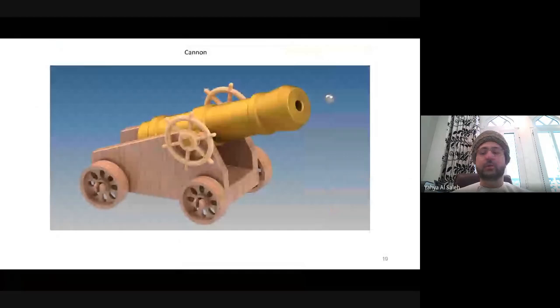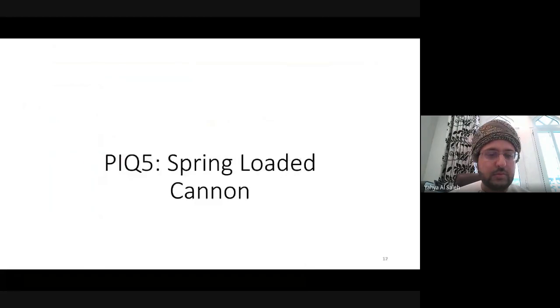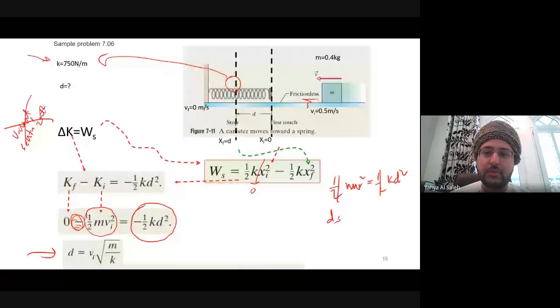Let's see if we can figure this out numerically. Let's do a PIQ. In designing, x equals d. Here, x is position, v is velocity, and d is how much it compresses.